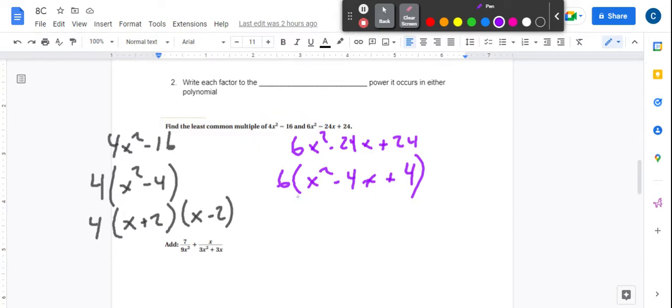Next we could factor this trinomial, and we're looking for two numbers that multiply to positive 4 and add to negative 4. And that's going to be x minus 2 and x minus 2.